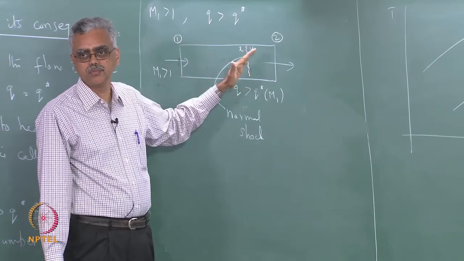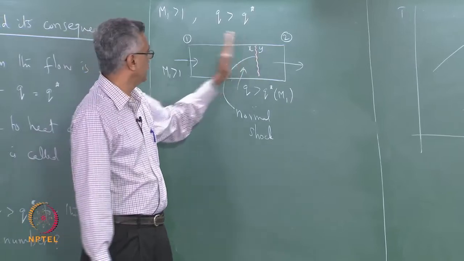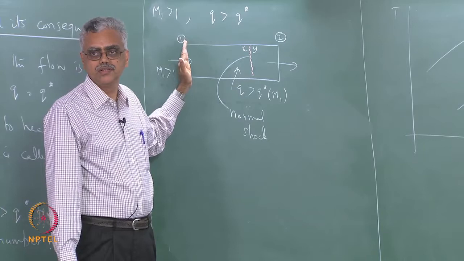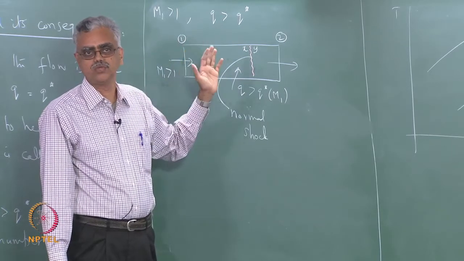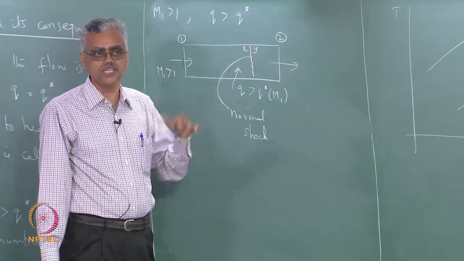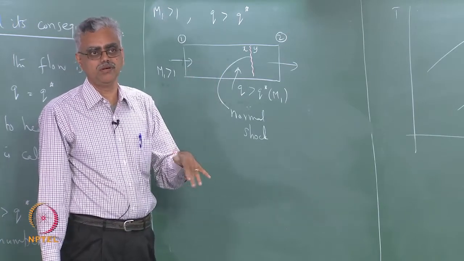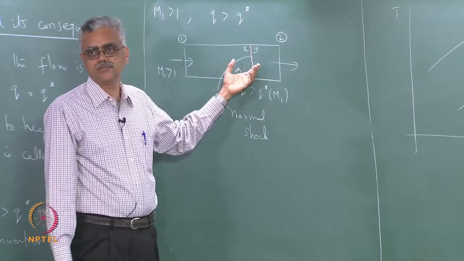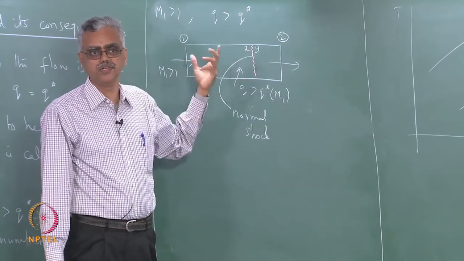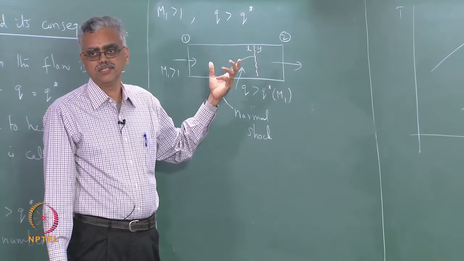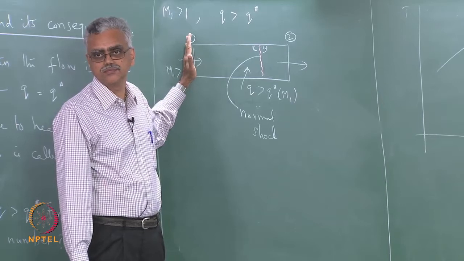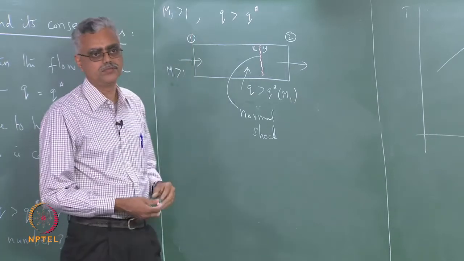As you keep increasing the pressure or the heat addition, it can even move out and stand in front of the duct, so that the flow becomes subsonic in the entire duct. That is also possible. That is not equivalent to a change in inlet conditions. Remember, as you keep increasing the pressure, even the normal shock would have to travel upstream, and there is an extreme case when it can move out and stand in front of the duct.